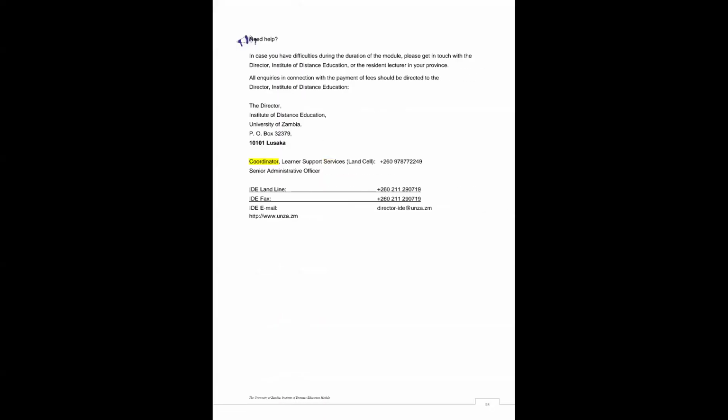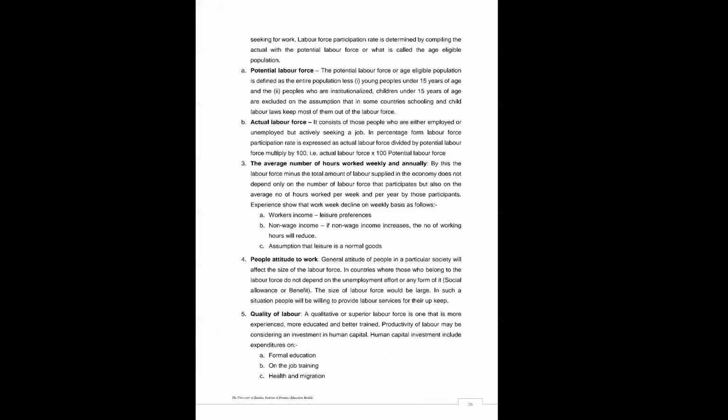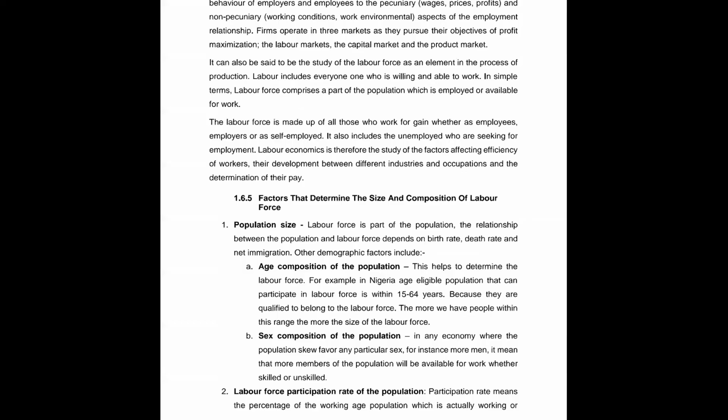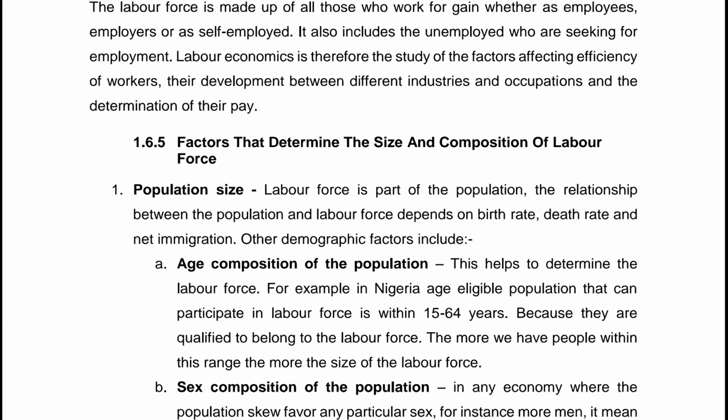So now we have defined what labor is, which is very important. After we have defined what labor is, it is important to look at some of the key factors that determine the size and composition of the labor force.